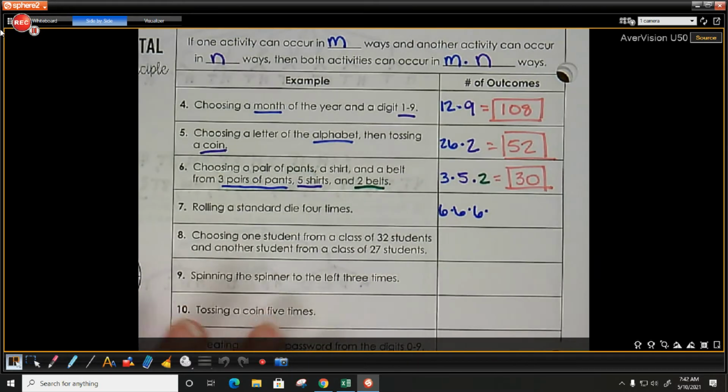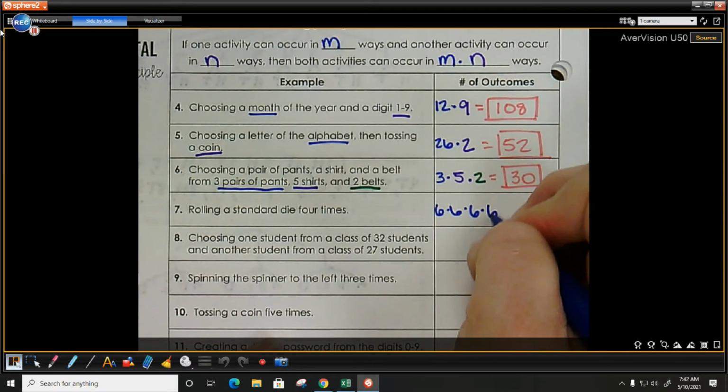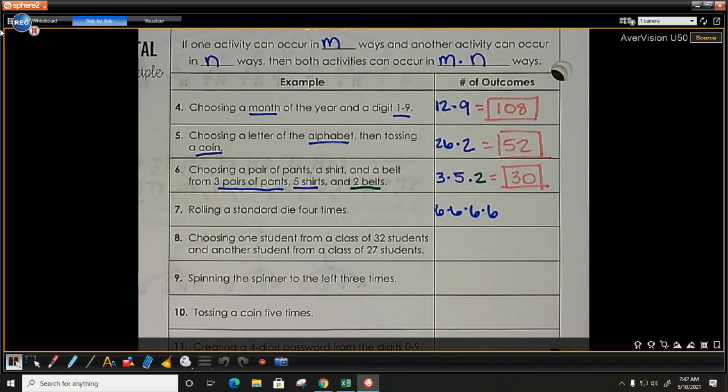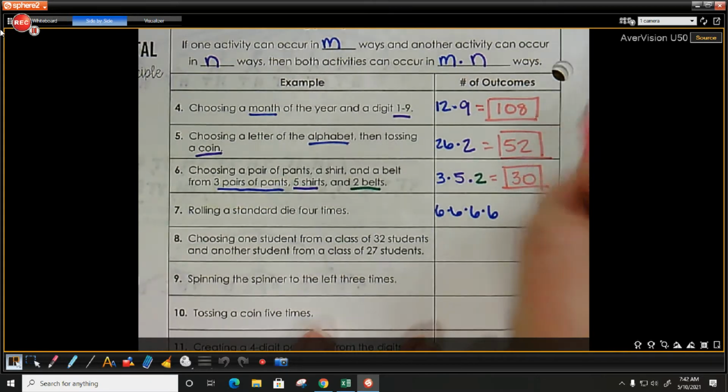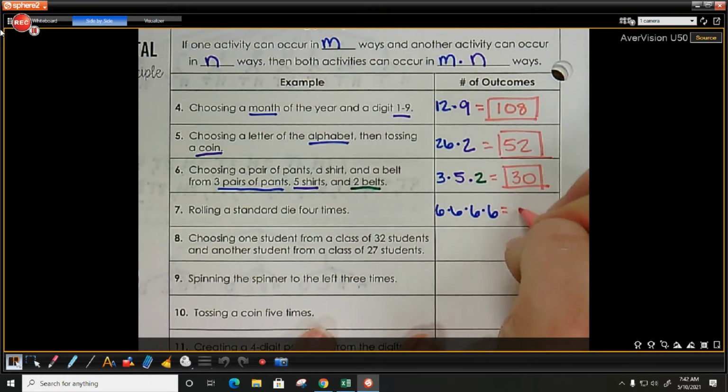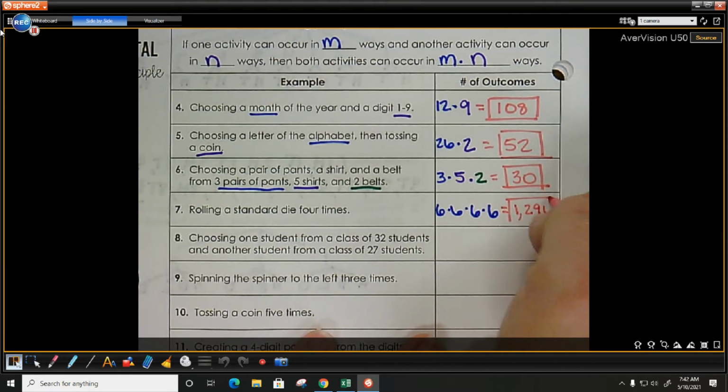Rolling a standard die again. So it's not 6 times 4 because there's 6 options 4 times, so 6 to the 4th power, or 6 times 6 times 6 times 6. 1,296.